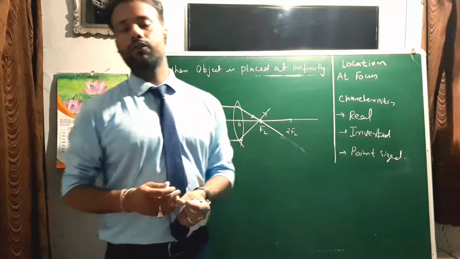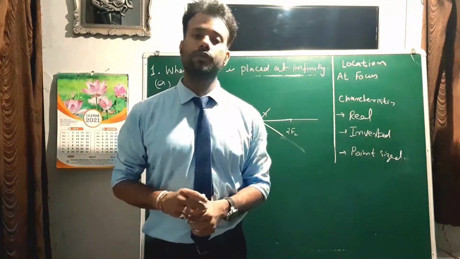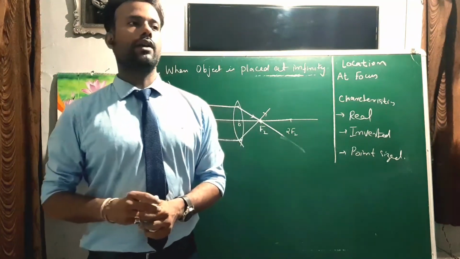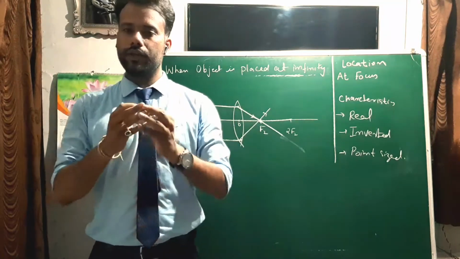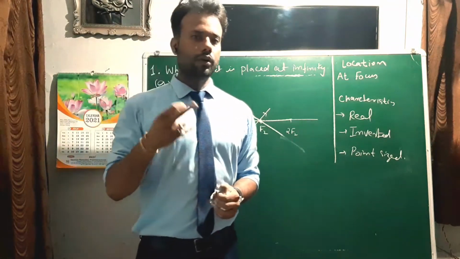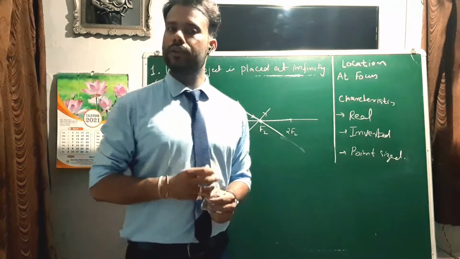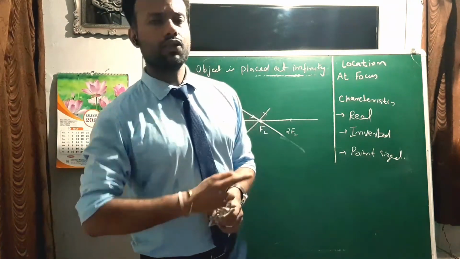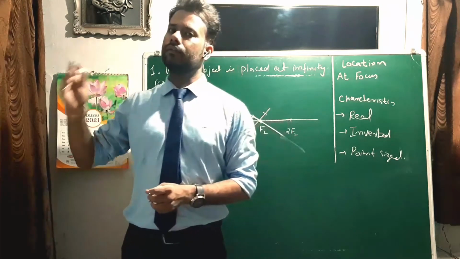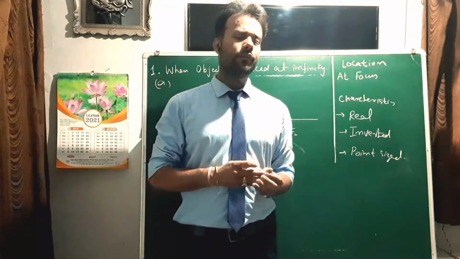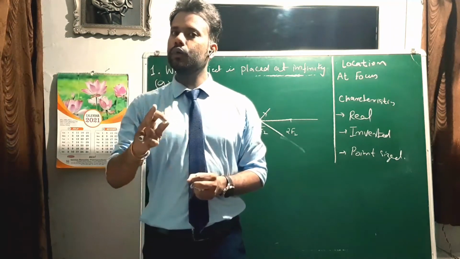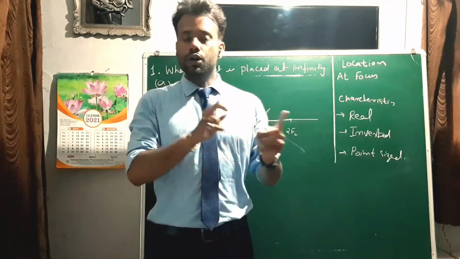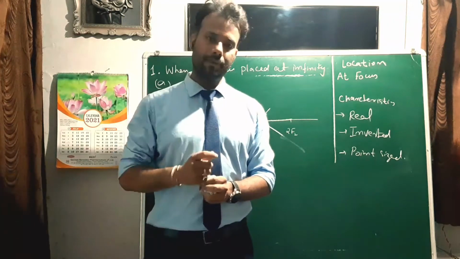Let's suppose the focal length is 10 centimeter and the object is at, let's say, 100 centimeter. It's very large. The only difference is that when the object is not at infinity but far away, the light rays coming from the object will be parallel to each other but not parallel to the principal axis.